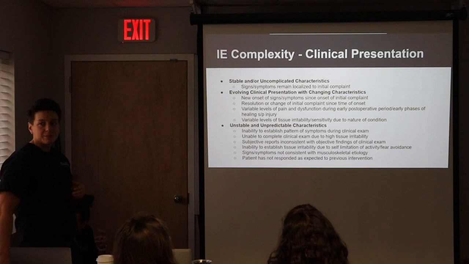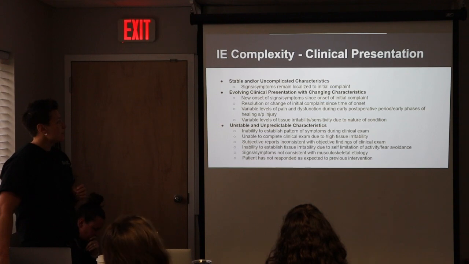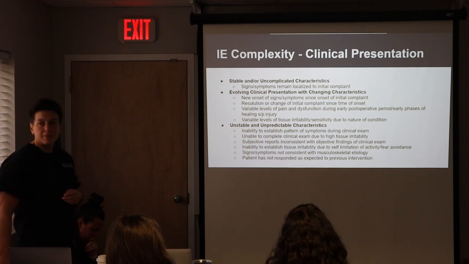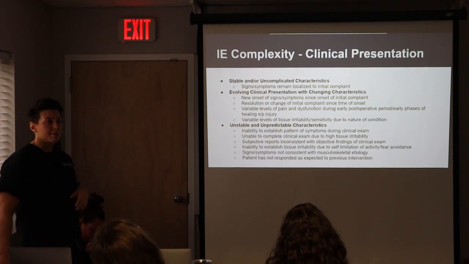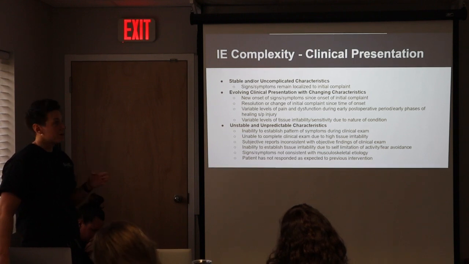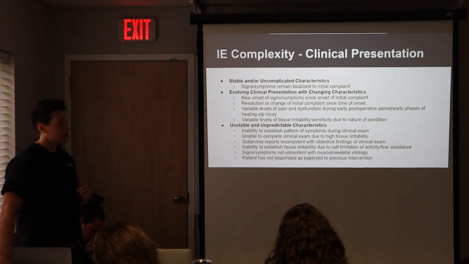They just got hurt, so you expect their pain and dysfunction to vary in your early phases of recovery. And maybe the nature of their condition lends itself to having variable levels of tissue irritability. So that would maybe be like they have a chronic episodic low back pain. They have flare-ups that occur. You know, there's any potential that that's going to occur during your plan of care. It's going to impact how you treat them.